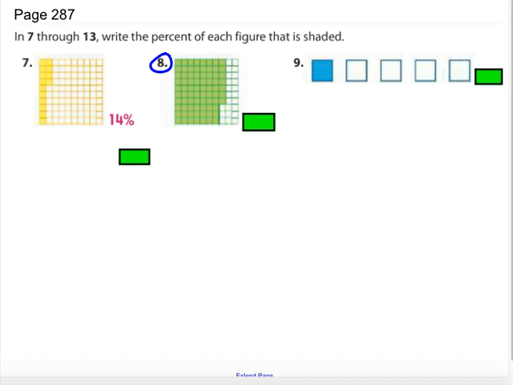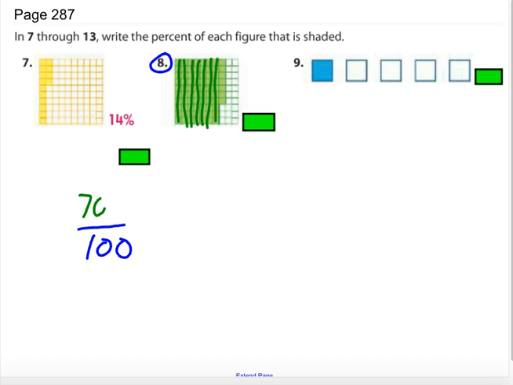Okay, so in this case, again, we have another 10 by 10 grid, which means we are working with 100. And when we look at the number of columns that are totally full, we have 1, 2, 3, 4, 5, 6, 7 total columns filled in, okay?